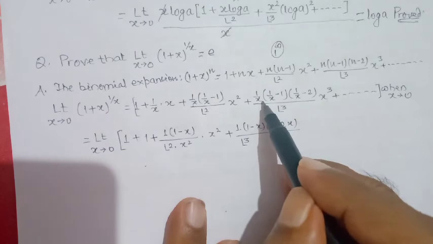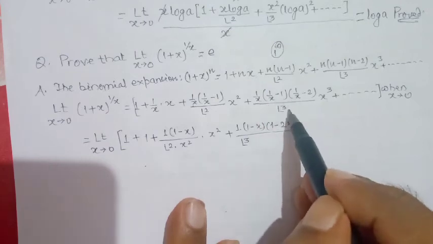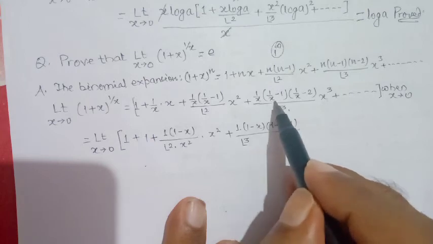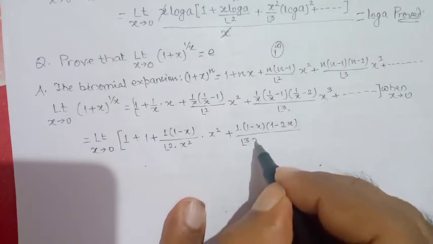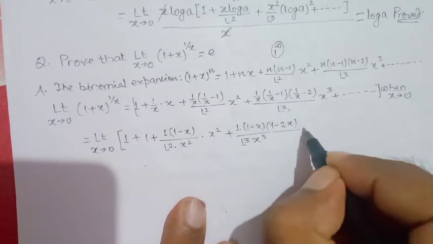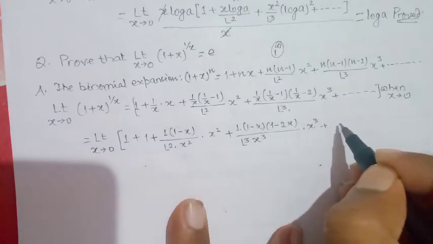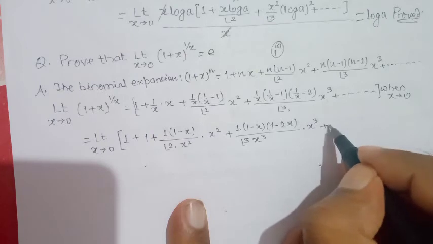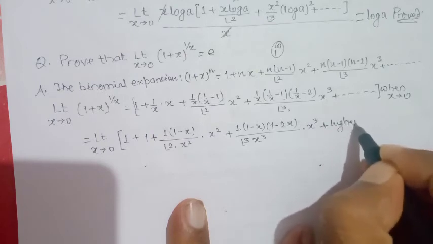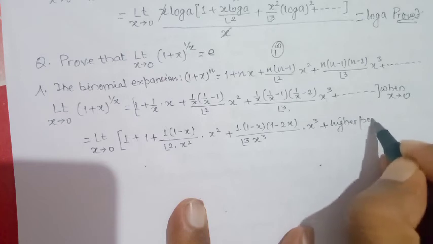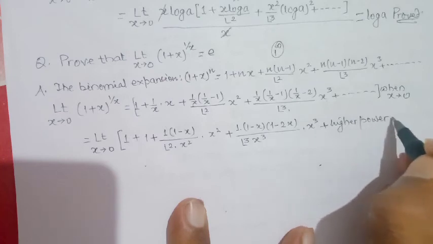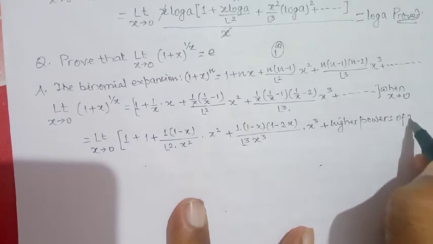This denominator comes to the actual denominator, so this would be x cube into x cube plus higher powers of x.